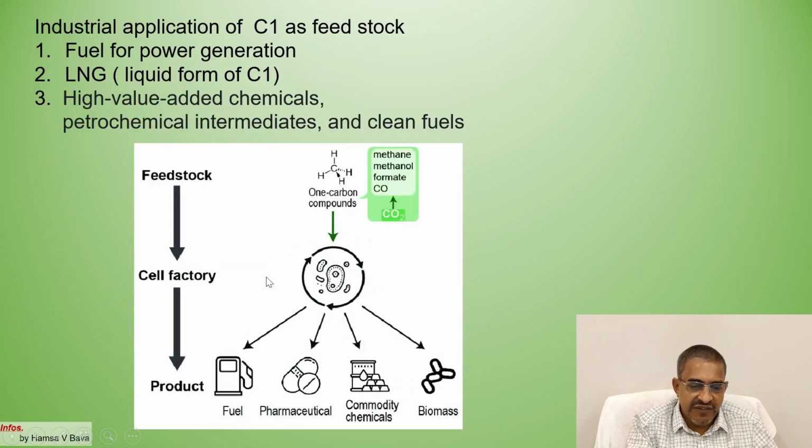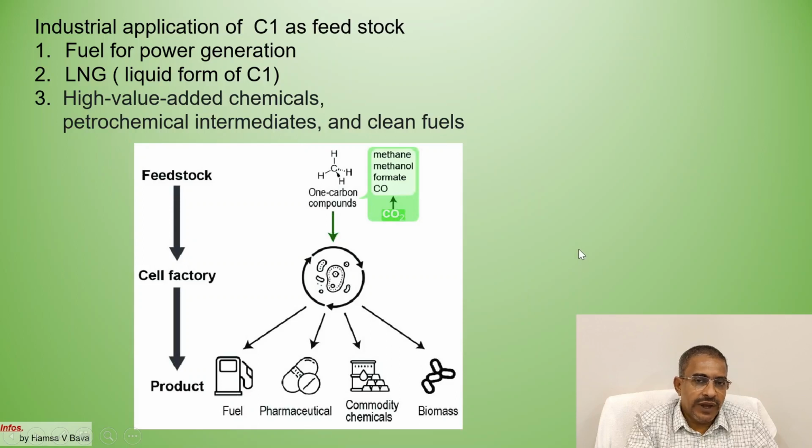Now for C1, the gas-based industries, we will review the overview of that, like the industrial application of C1 as a feedstock and fuel for power generation. I already explained in the previous slide that the main application of methane is as a fuel gas.